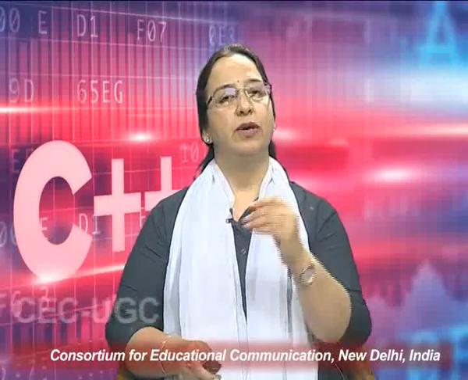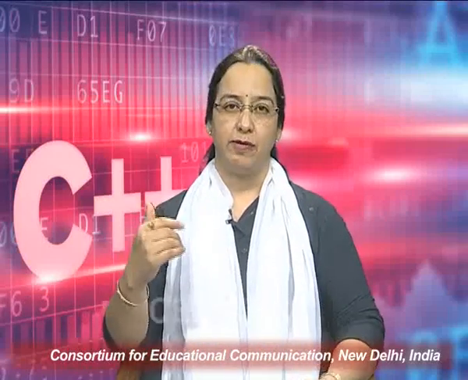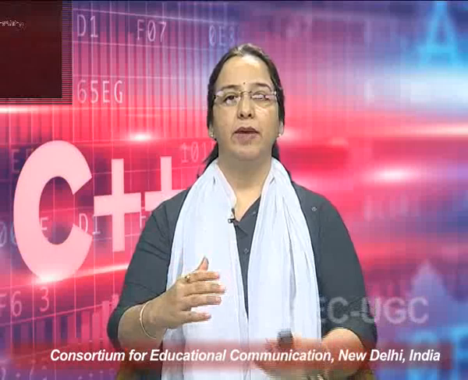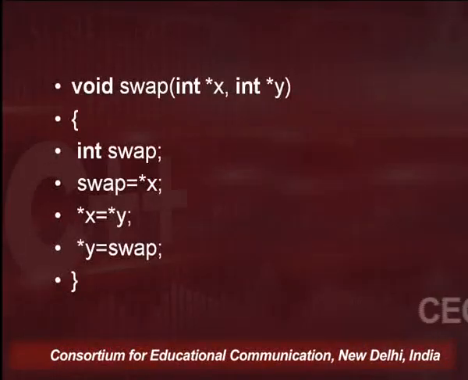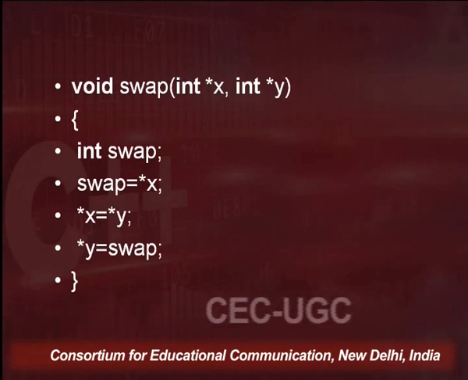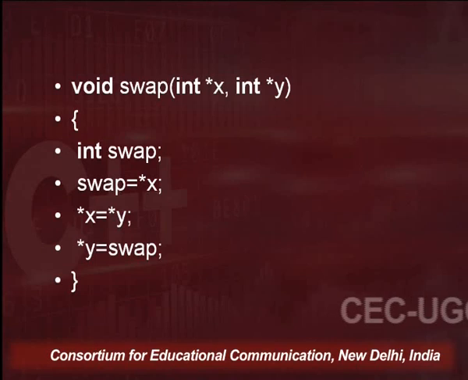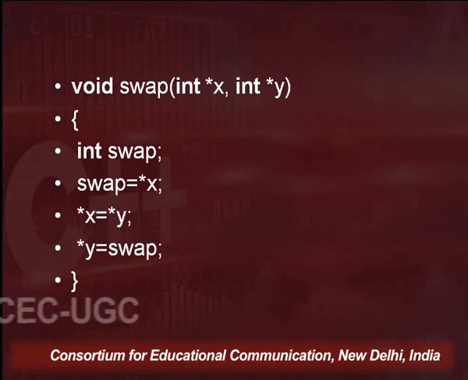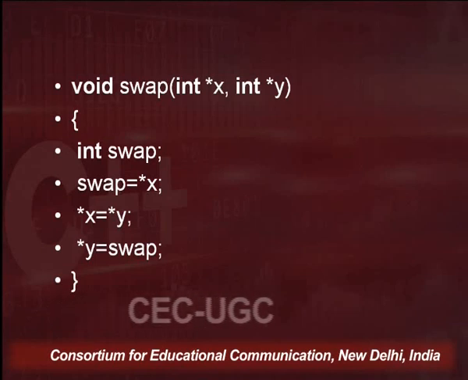Now let us try to understand what is happening here with the help of a code snippet. So here we have void swap(int *x, int *y). Please notice that these are not normal integer variables, these are pointer variables, and in order to understand what a pointer variable is, please refer to the previous lecture.